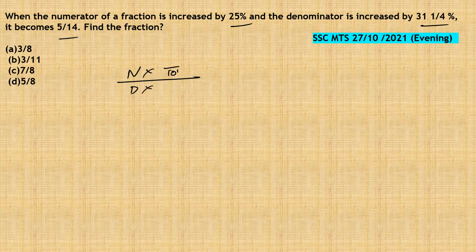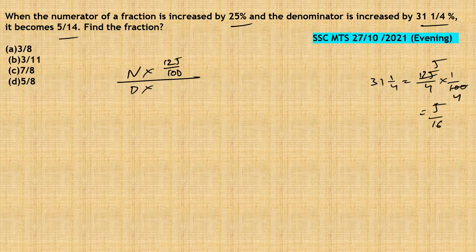Before it was 100 and increased by 25%, that is 125. 31 1 by 4 can be simplified. 31 4s are 124, 124 plus 1, that is 125 by 4, and percentage denotes 1 by 100. 25 4s are 100, 25 5s are 125, and the fraction is 5 by 16.